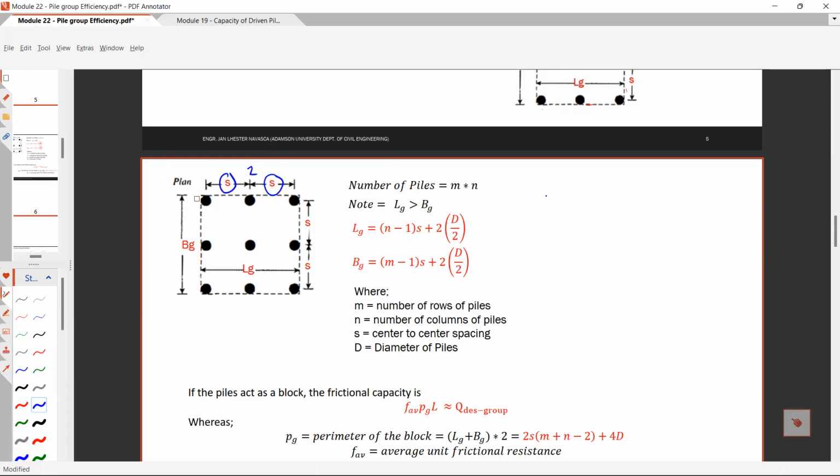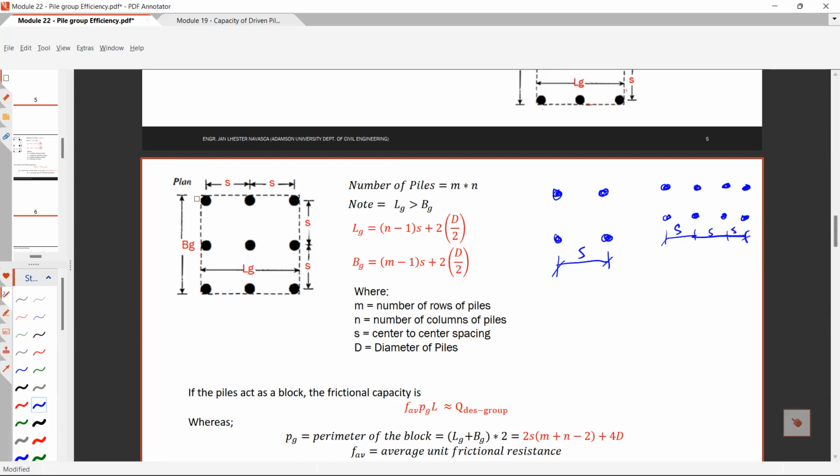Okay? So anong mangyayari naman kapag meron kang dalawang rows? Kapag may dalawa kang rows, ang mangyayari meron kang only 1 spacing. Kapag meron kang 4 na rows, 4 na columns. If you have 4 columns, what will happen is you have 3 spacing.